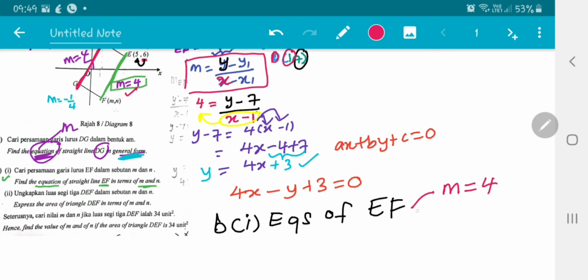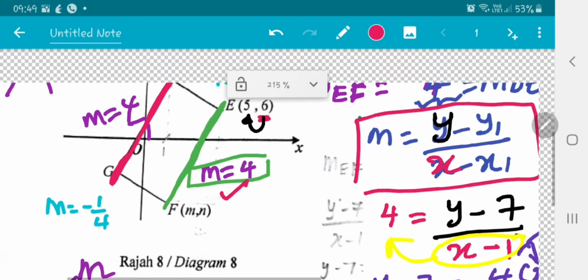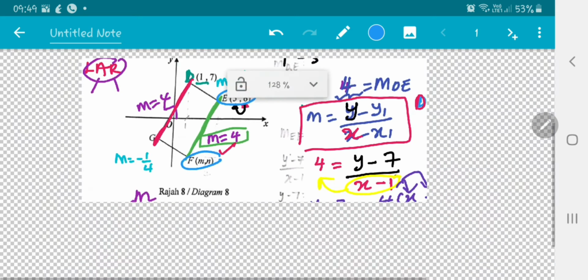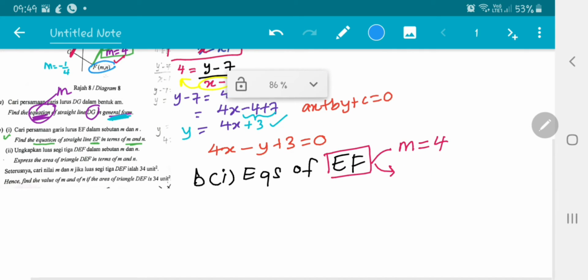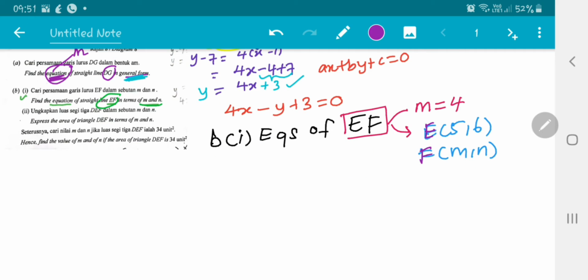Okay, dan we need 1 point. Okay, pergi tengok dekat EF tu, what point you have there? Oh, teacher, you ada E 5, 6 and F m, n. Since we have 2 points, so we just use these 2 points.